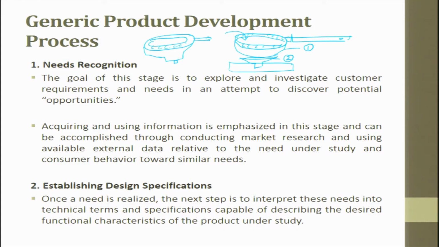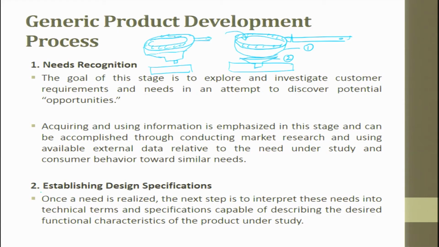So, this is a filter with a funnel attached, and now you can exactly pour into the container. Earlier we were looking for funnels, now the funnel is an integral part of the filter itself. So, somebody found out there is a market need, they have developed this product. Today this product is moving very successfully, right. So, you have to find out an opportunity and then start doing it.